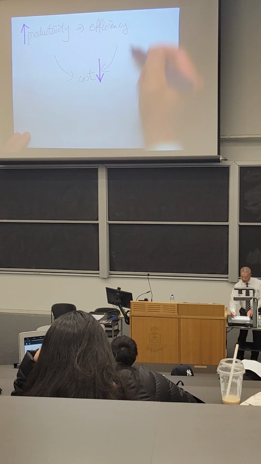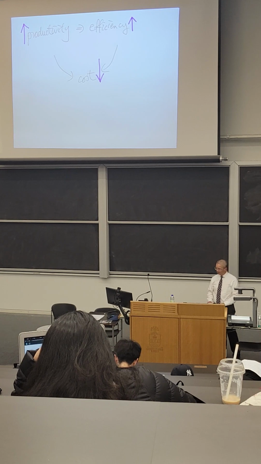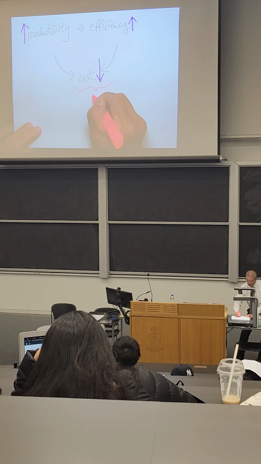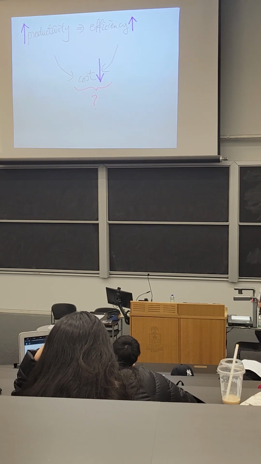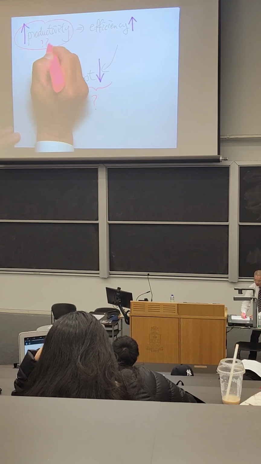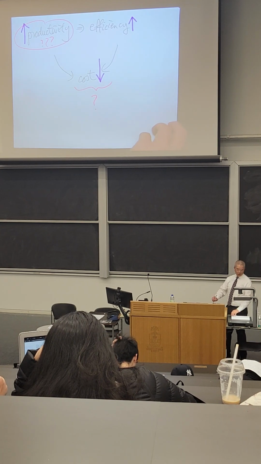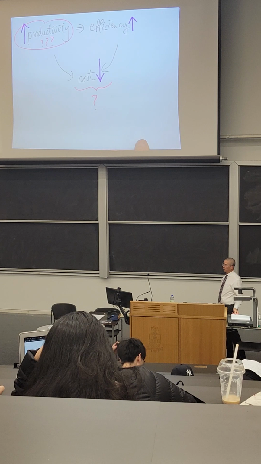The same as saying improving efficiency, it will help lower the cost. Then, before we know how to talk about cost, the first thing we need to do is to figure out how do we measure productivity. So now, let's learn about how we can measure productivity.